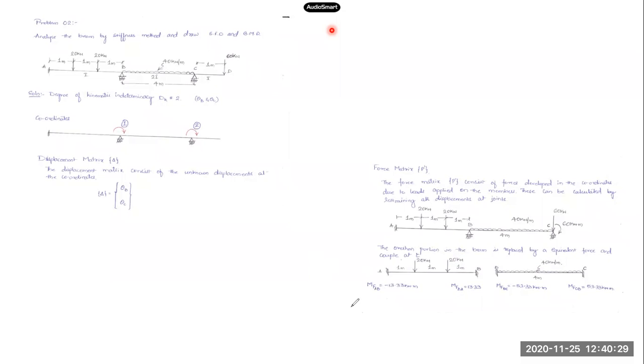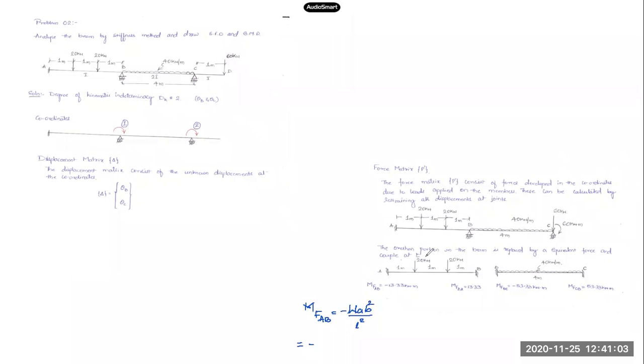Let me show just one calculation. MFAB is minus W a b square by L square, given by this equation. In this case, there are two loads of 20 kilonewton.